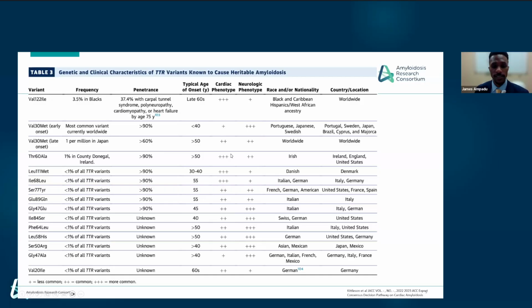And the late onset, you can see more of a mixed phenotype. And then lastly, T60A, we see this in the Irish descent. It can be greater than 50 years old, and you see a mixed phenotype where you have cardiac manifestations and neurologic manifestations. Again, these three represent more than 70% of the variants that you can find in the United States.